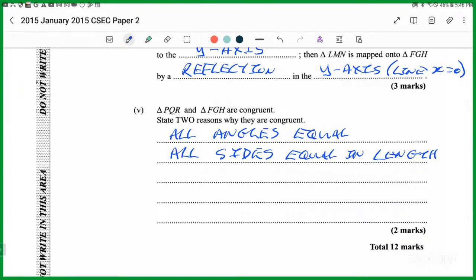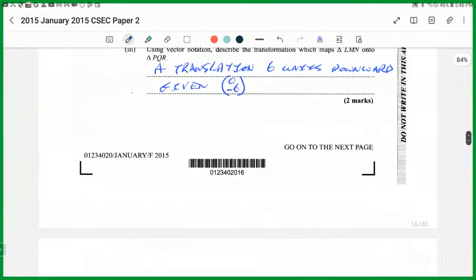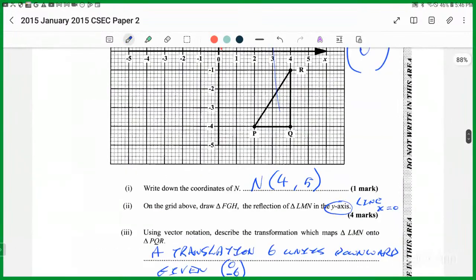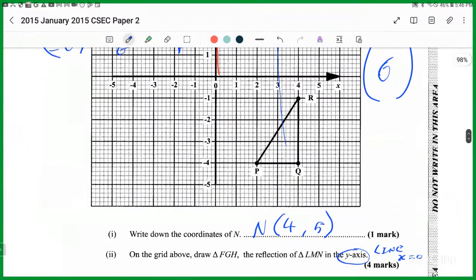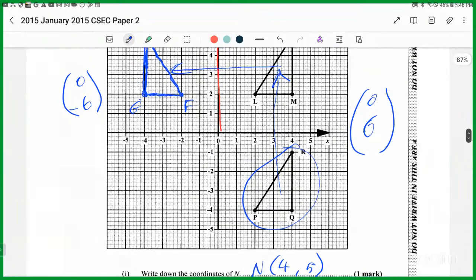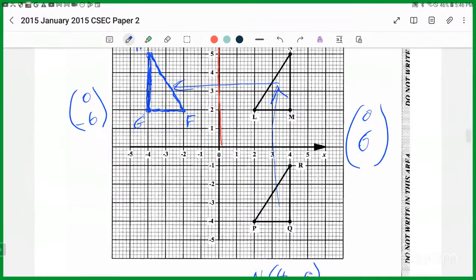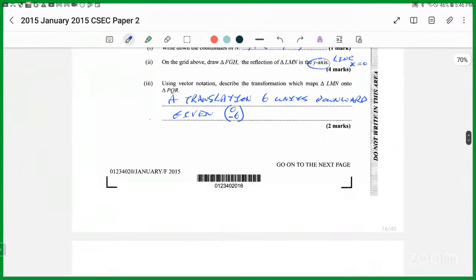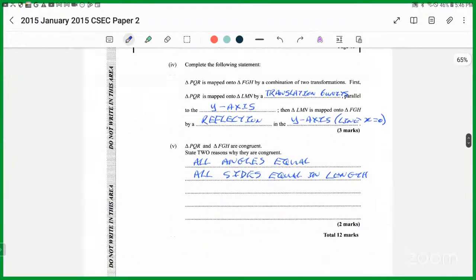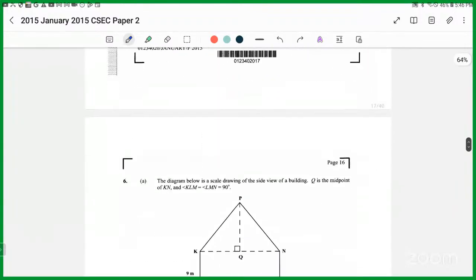Angles and sides are the same. Even though they are oriented differently, it doesn't matter. The three angles in this are the same three angles in that. The three sides on this are the same three sides on that. That's why they are congruent. Doesn't matter how they twist and turn.